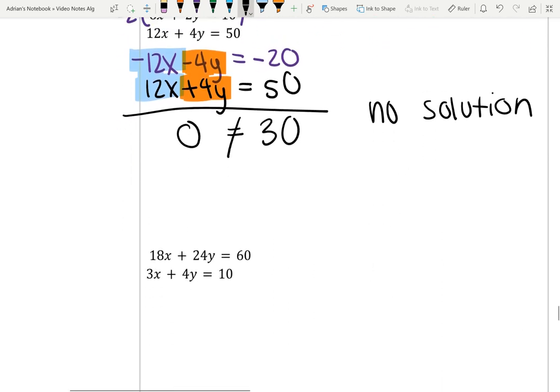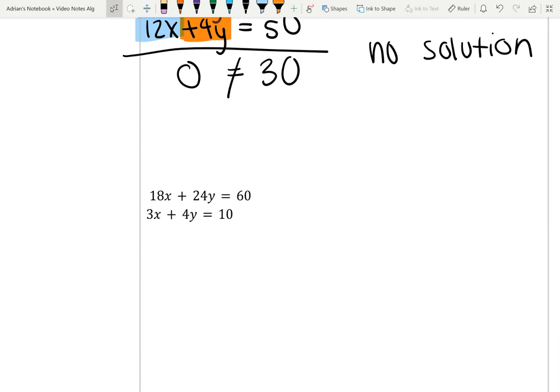You can probably guess what our next one is going to be. We're still going to walk through it. So my x's don't cancel, my y's don't cancel. Let's say I want to cancel my x's. If I want to cancel this with this up here, I'm going to have to get it to be a negative 18. The only way to get that is if this is multiplied by negative 6. So then I have negative 18x minus 24y equals negative 60.